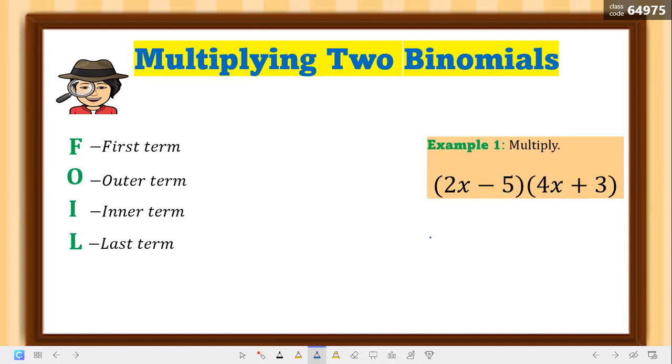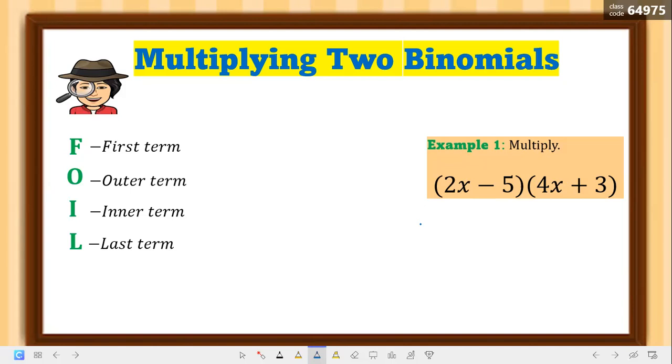Okay, but remember, kailan ginagamit ang FOIL method? O sige nga, paano natin malalaman kung when do we say that a FOIL method is applicable to multiply the given polynomials? Anyone? O, tignan nga natin kung ano yung na-observe nyo on the video lesson.